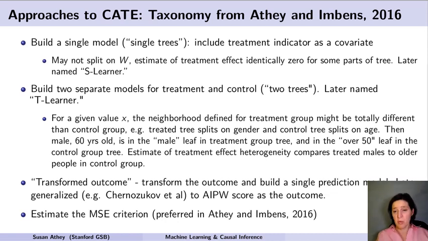If we then wanted to understand what this model tells us about the treatment effect for a 60-year-old male, the prediction from the treatment group would be the average outcome for treated individuals who are male, but the prediction from the control tree would be based on his age. So what we'd end up doing to estimate his treatment effect is compare the average treated outcome for males to the average control outcome for old people.